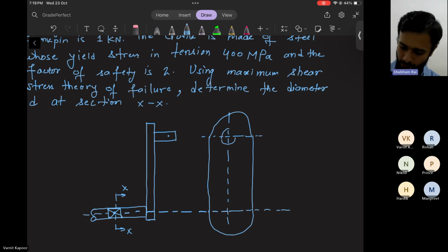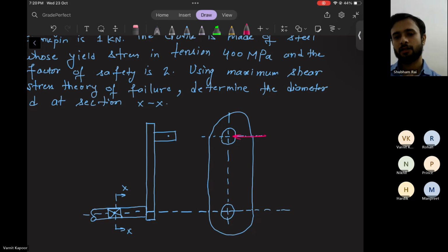Here you have a hole, and here also you have a hole. And here you have a force acting. Since this is a side view, you are looking from this side. And now your force is visible to you because it is acting in this plane.